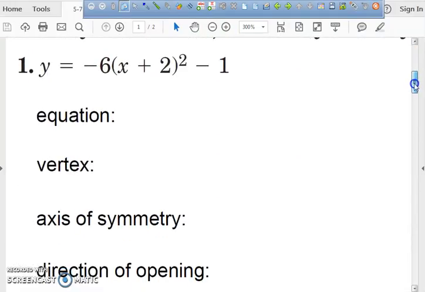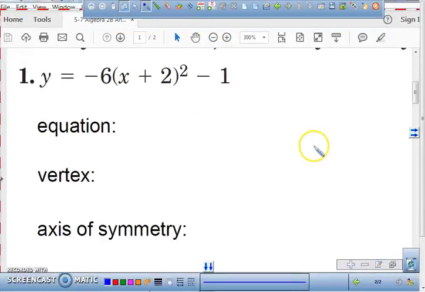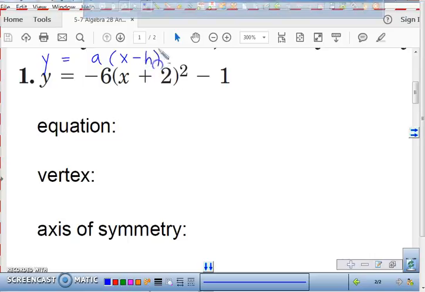You're going to write the equation down exactly as it appears in your journal. Right above problem 1, I'm going to write y equals a parentheses x minus h squared plus k.